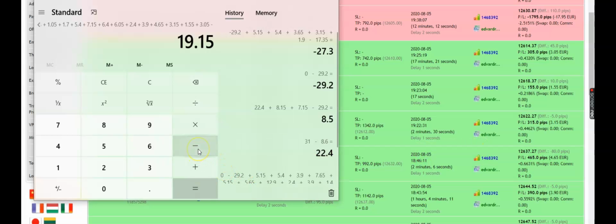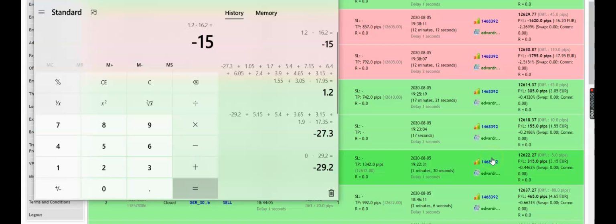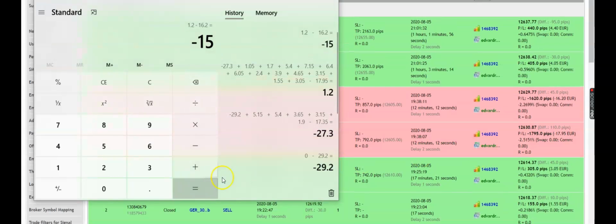Then we lost 17.95. Bit of a shame. Took us down to a small profit. Then we lost another 16.20. And then we made €4.05.